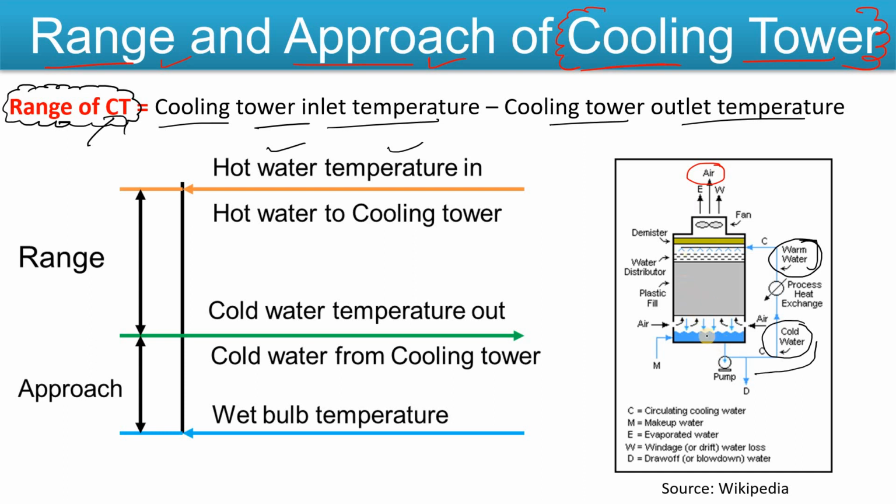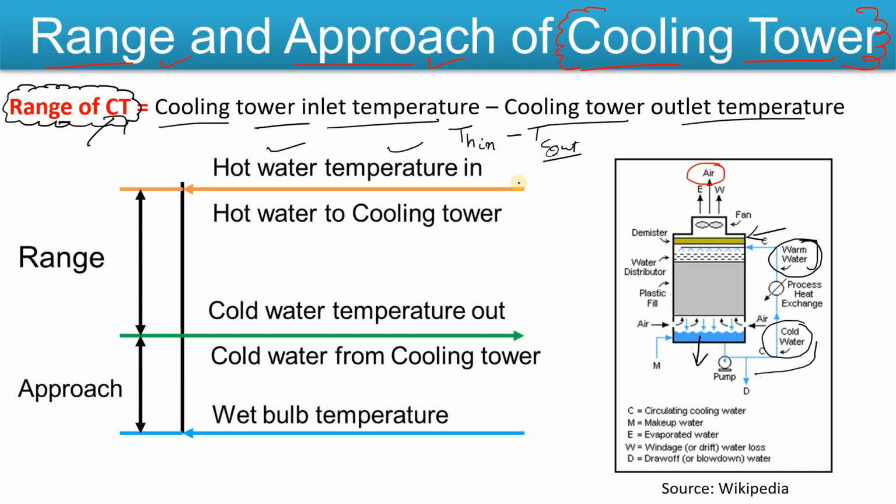The cooling tower outlet will be this one and the cooling tower inlet will be this one. Are you getting my point? So what will be the cooling tower inlet temperature? That will be your T_H, the hot water temperature in, minus the cooling tower outlet temperature, which will be your T_C out, meaning the cold water temperature outlet.